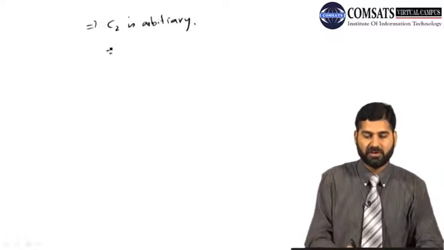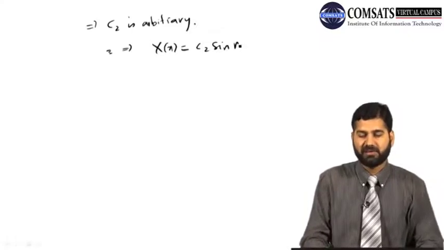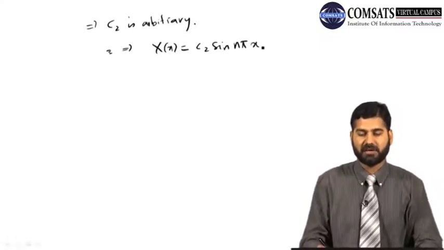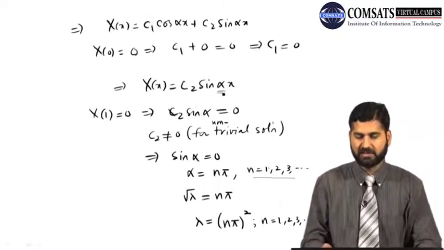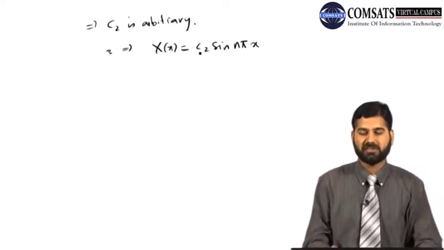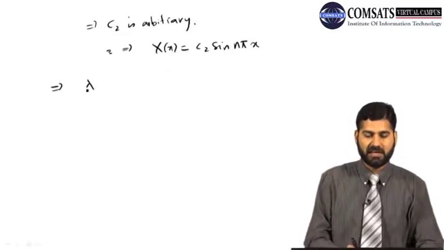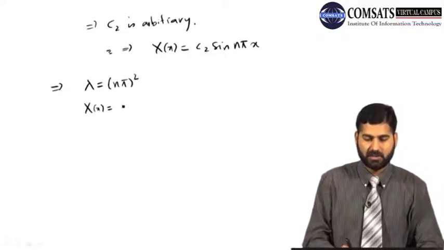So therefore X of x is C2 sine alpha x, and the value of alpha is n pi. So sine n pi x, right? Sine alpha x, where alpha is n pi. So this is my solution. These are your eigenfunctions. So this implies that lambda is equal to n square pi square, and X is equal to sine n pi x.